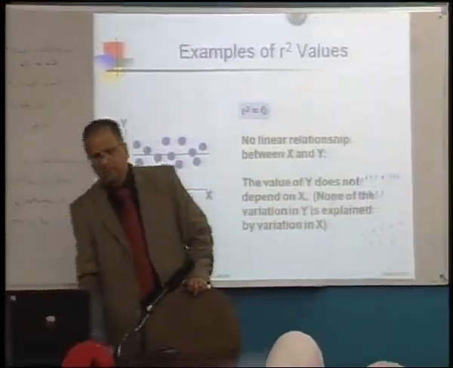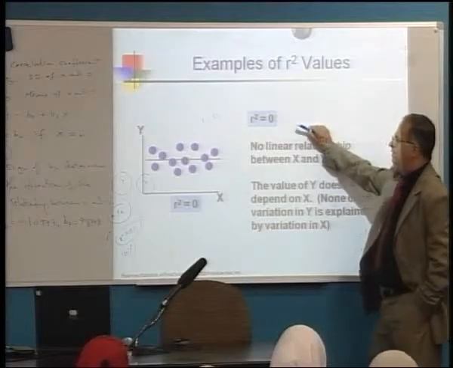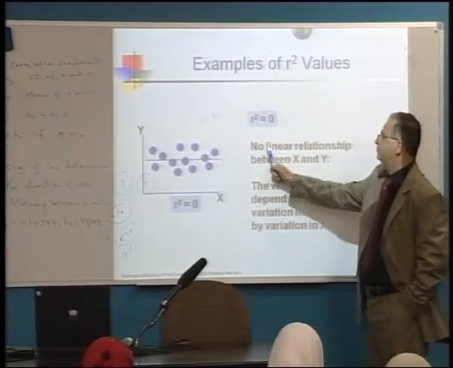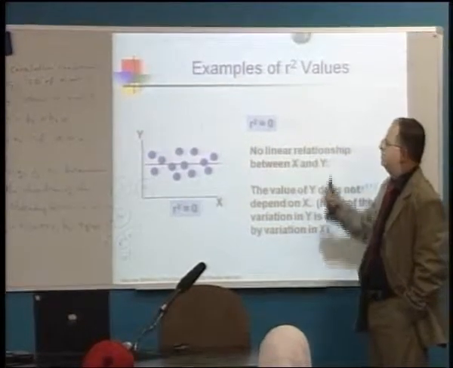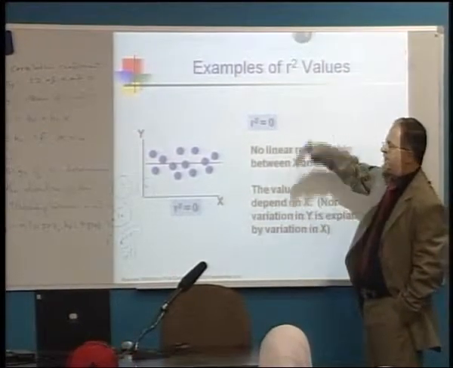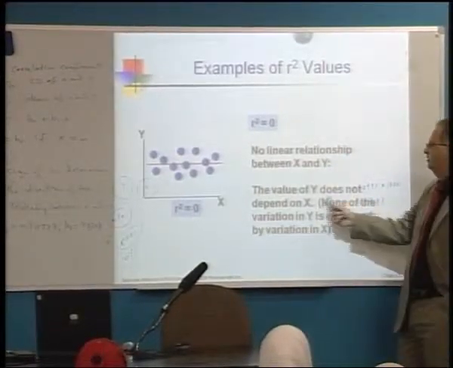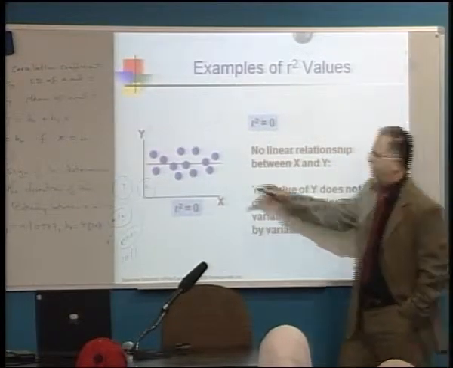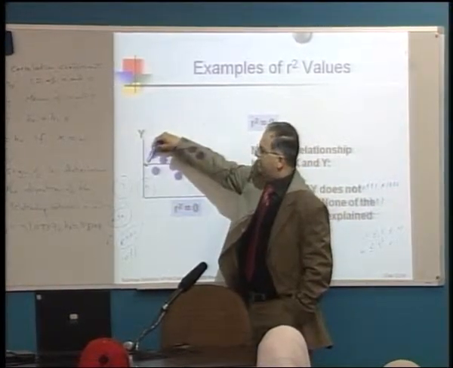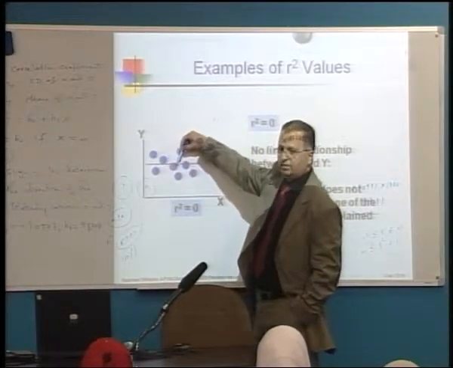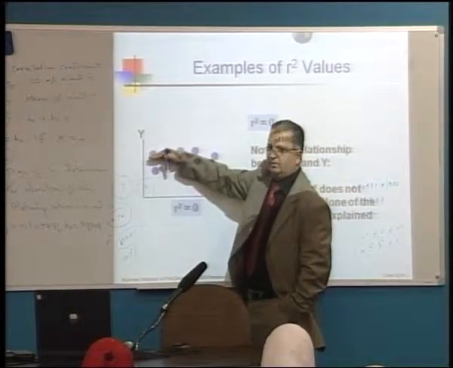It's always positive. R square equals 0 only happens if there is no linear relationship between Y and X. Since R is 0, then R square equals 0. That means the value of Y does not depend on X, because here, as X increases, Y stays nearly in the same position. It means as X increases, Y stays constant.